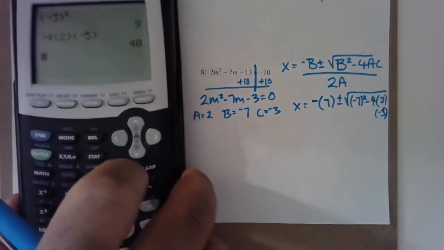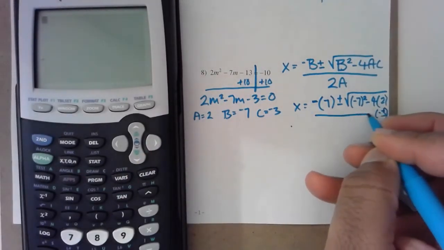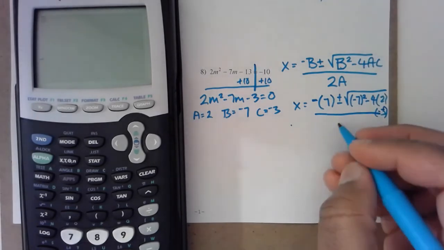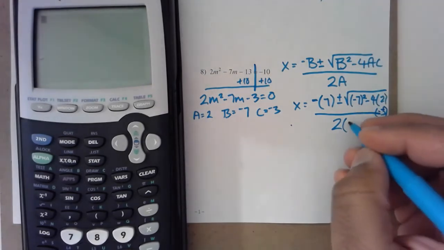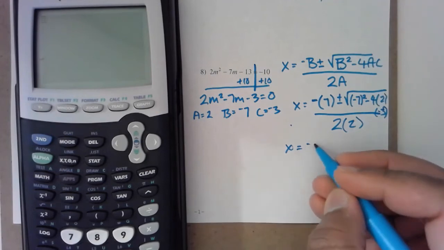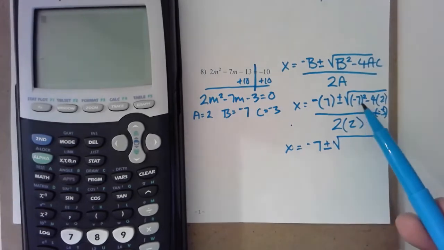So once we go ahead to our next step, get my calculator ready here. I need to go ahead and deal with that denominator here. Okay, so the denominator, I'm going to have 2 parentheses. Looks like my A is 2. Okay, now we can do our x equals. We'll have a -7 plus or minus. So when we take a look in the square root, that is a -7 squared.